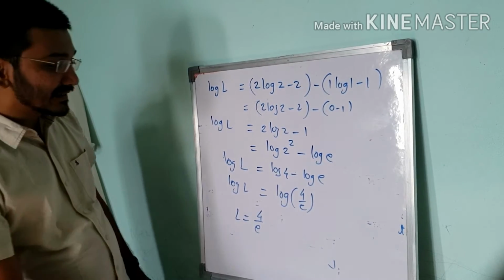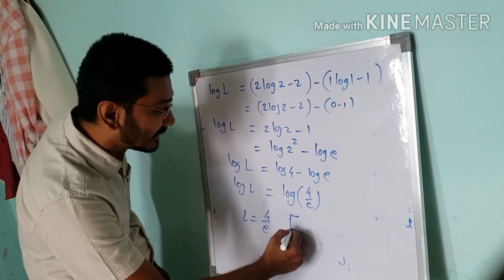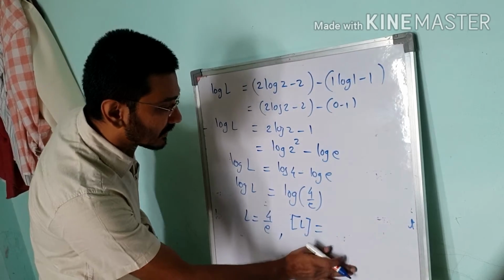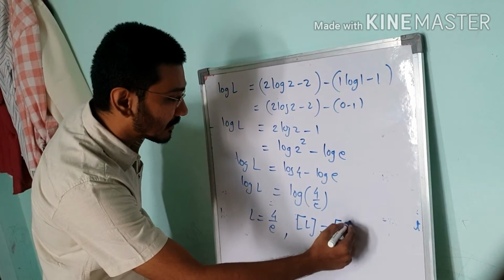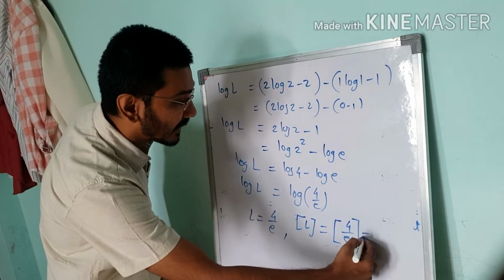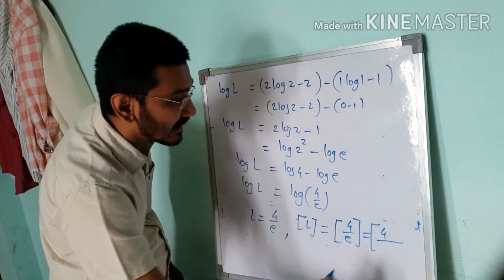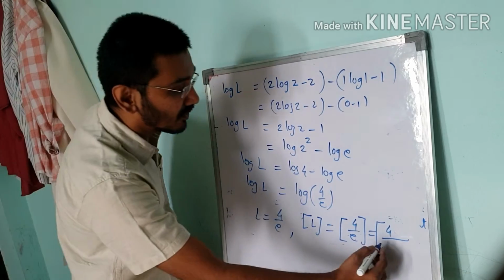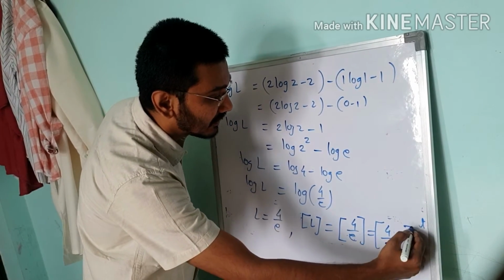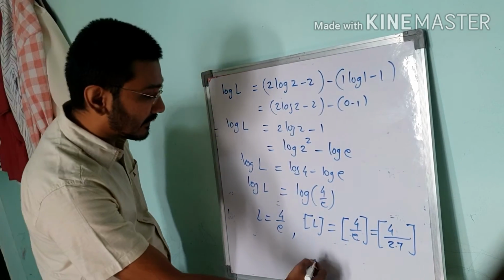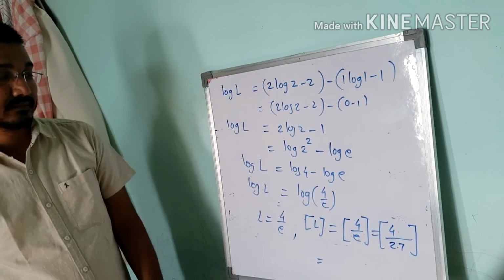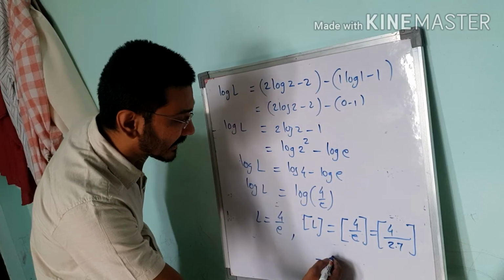What exactly they are asking is not L but the greatest integer of L. Greatest integer of L means greatest integer of 4 by e, and we very well know that e is an irrational number having a value around 2.7. So 4 by 2.7 will come out to be, of course not 2, 1 point something.